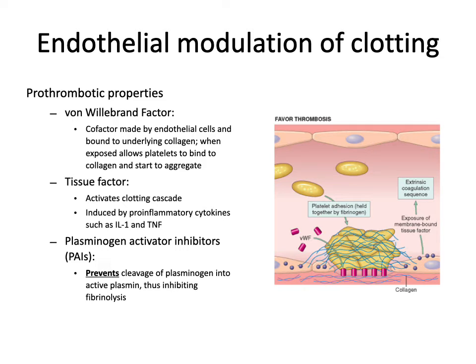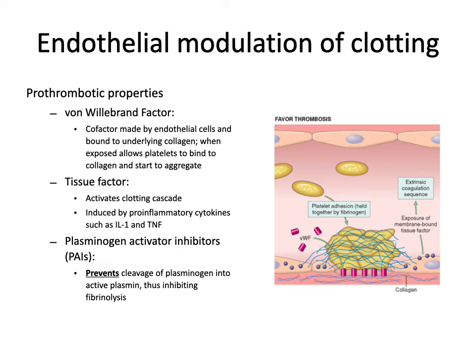Okay, now you have two pathways: the intrinsic pathway and the extrinsic pathway, and the extrinsic pathway is triggered by external substances. The intrinsic pathway is stimulated by substances that are present within the plasma.